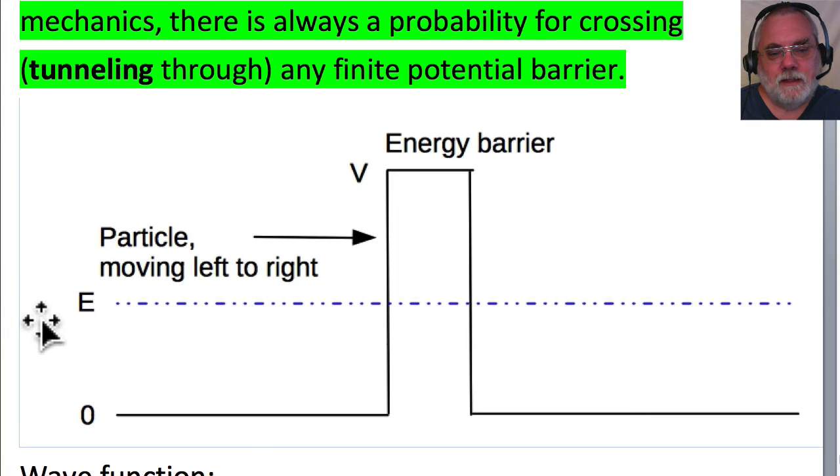Far to the left, the particle is unbound. It's a free particle on the left of the barrier, and it has some kinetic energy, and it's moving toward the barrier.